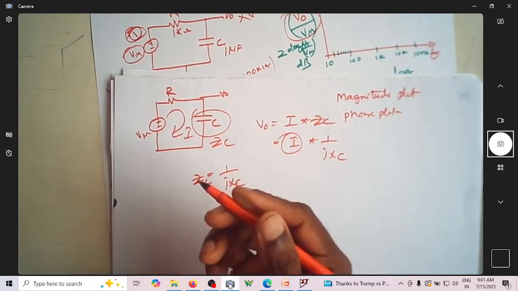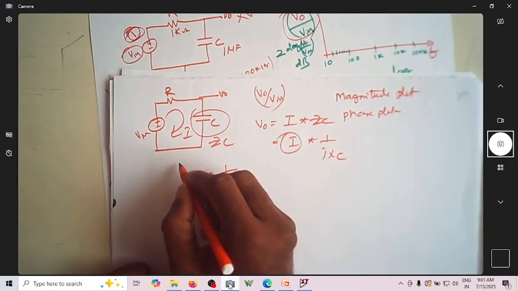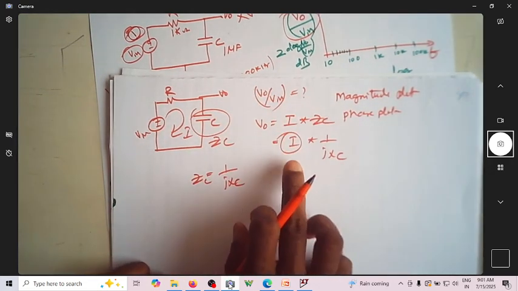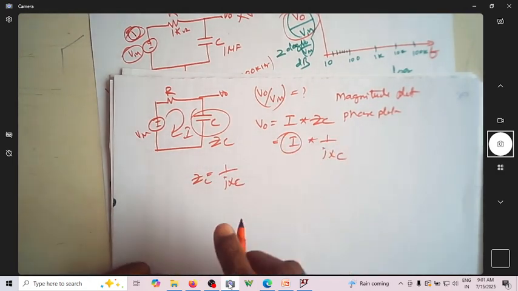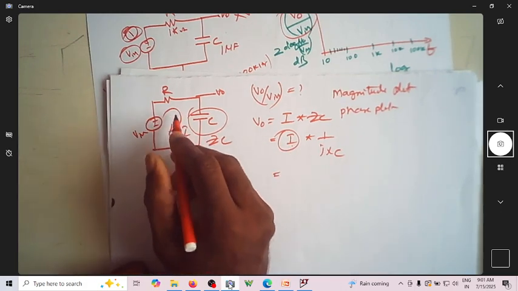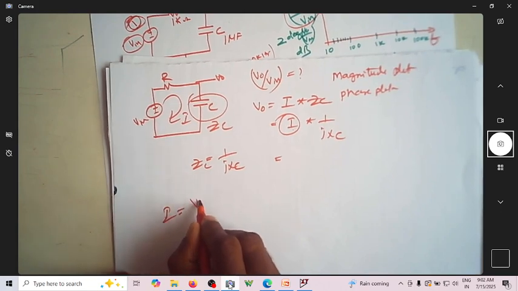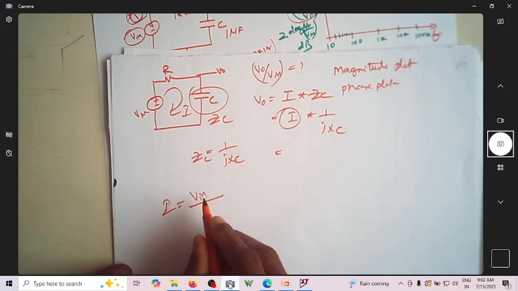But what is this I? What I want actually is, I want to know what is V naught by V in. So this is I into 1 over jXC. So what is this I? I is nothing but the current flowing through this. I can write I as equal to V in divided by the entire impedance. So what is the impedance?